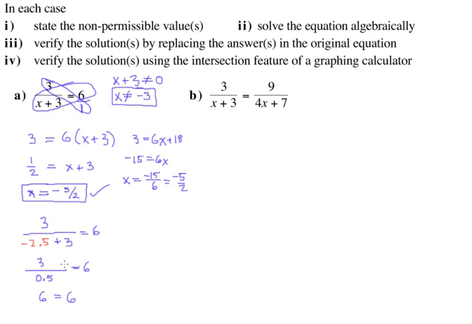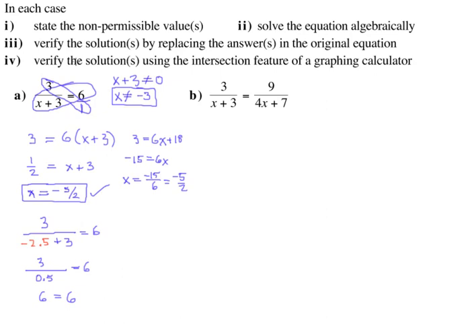So if you get 6 equals 6, or 2 equals 2, or minus 19 equals minus 19, that's all good. It means that your solution has worked. If you get nonsense, if you plug in your solution and the equation comes out 4 equals 5, that's the math saying you just broke math with your solution. It means your solution isn't working. So either there's something wrong with your check, or there's something wrong with the original solution you came up with.